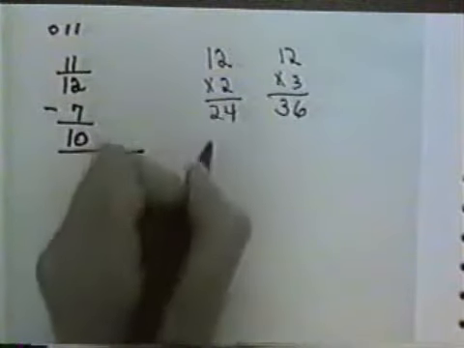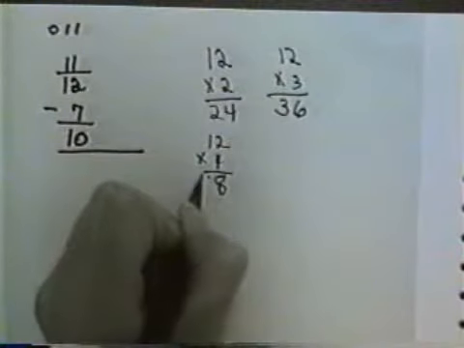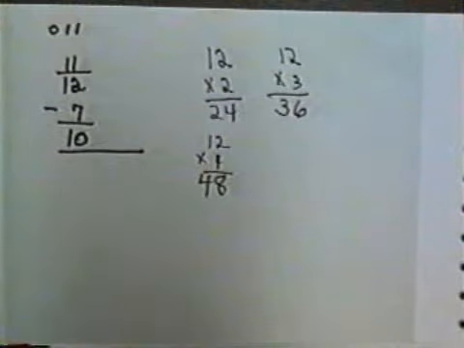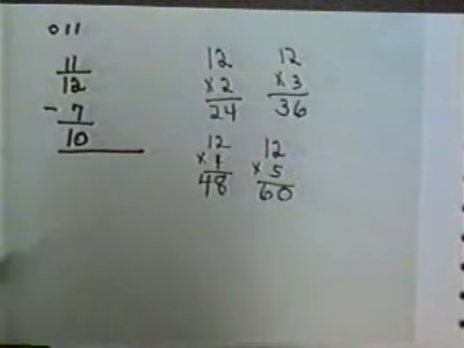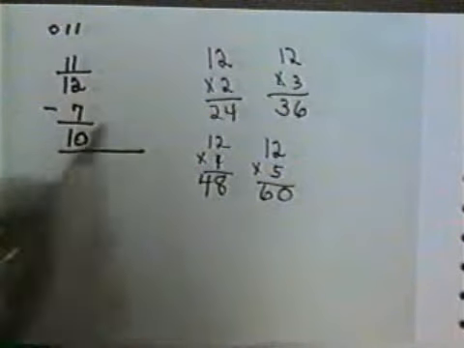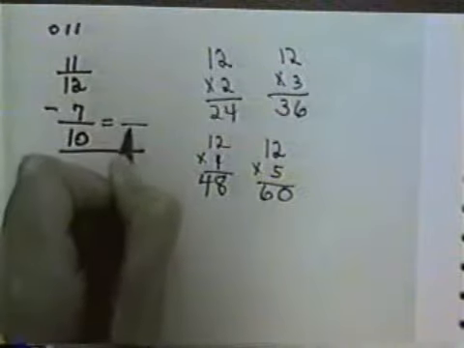So 36 isn't going to work. 48 is not going to work. Aha, here's a 0. That should be it. 60. So let's put 60 up here.